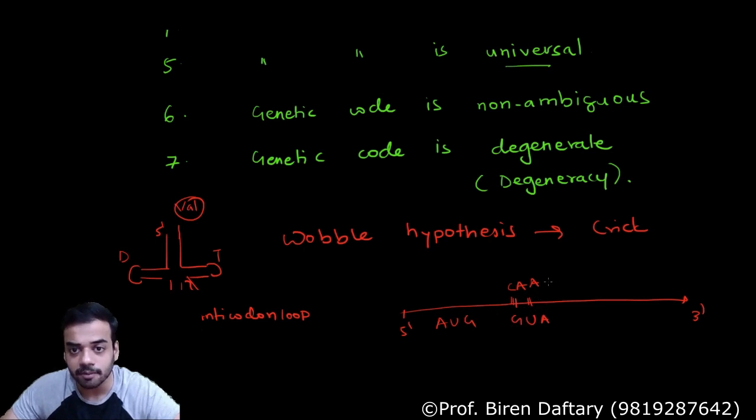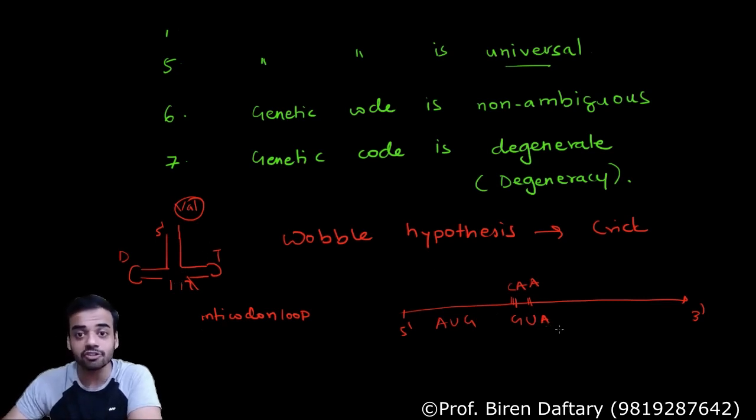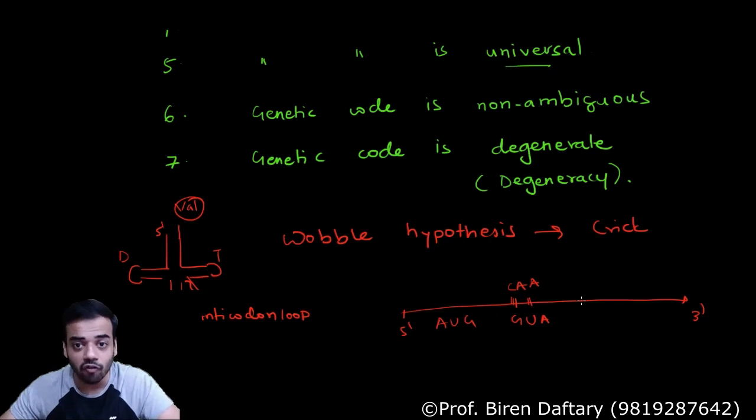So the anticodon's third nucleotide is A and the codon's third nucleotide is A, and these two will not pair, but still this tRNA will attach to this codon. This is called the wobble hypothesis. What is the meaning of wobble? Wobble means to shake, something which is unstable.